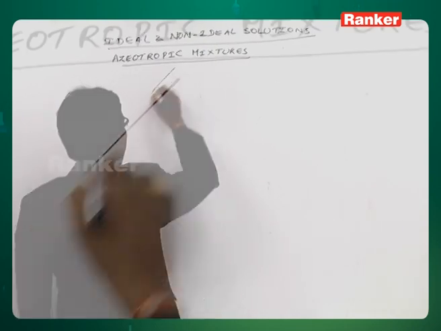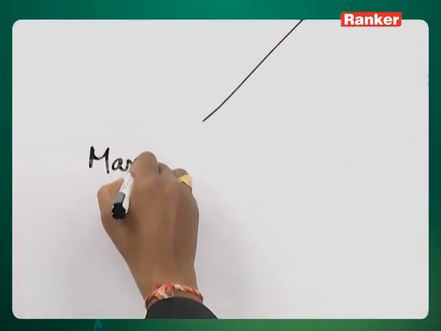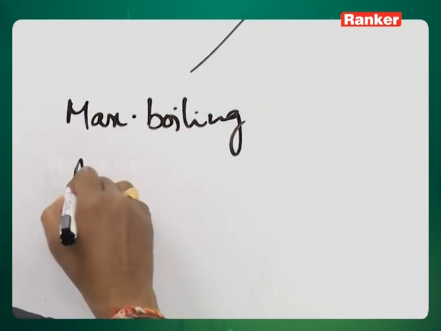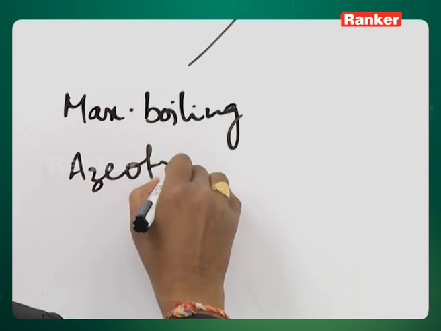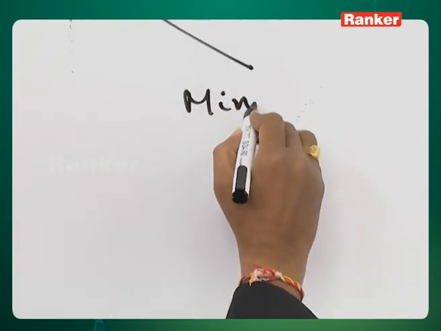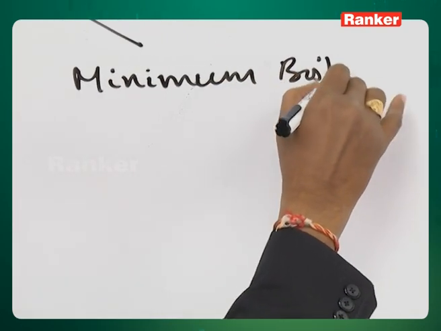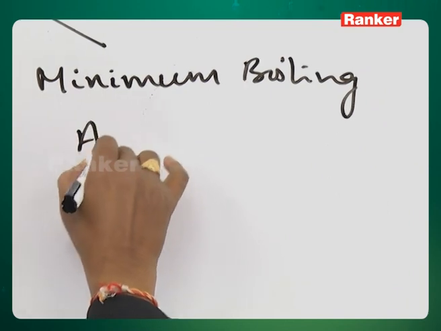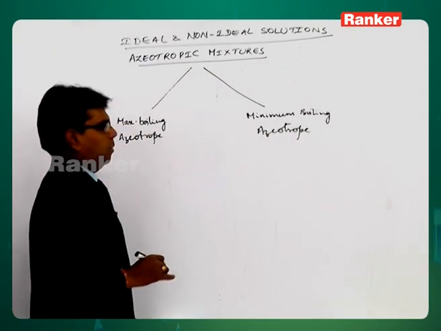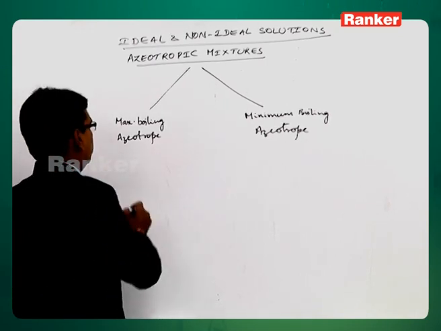Azeotropic mixtures are again of two types: maximum boiling azeotrope and minimum boiling azeotrope.